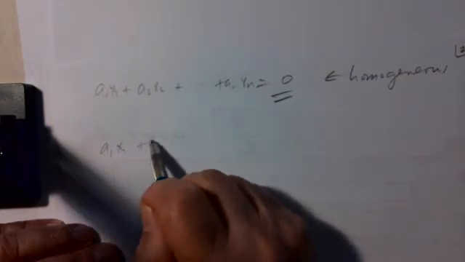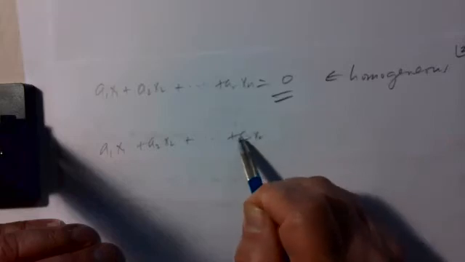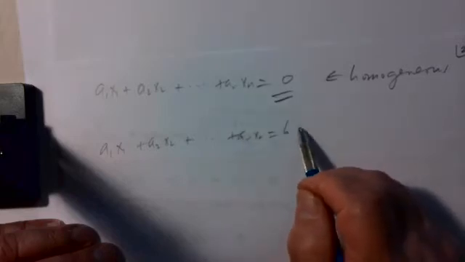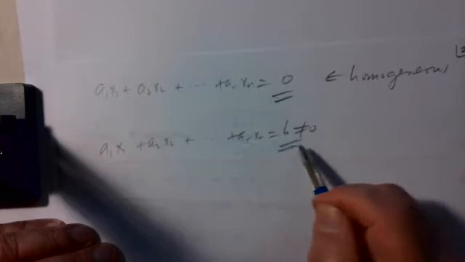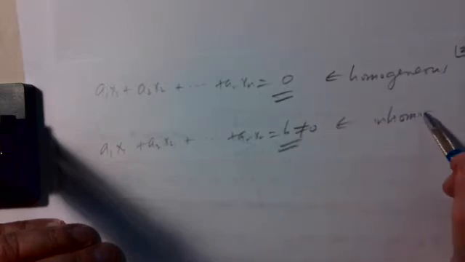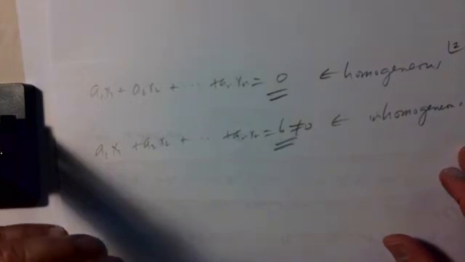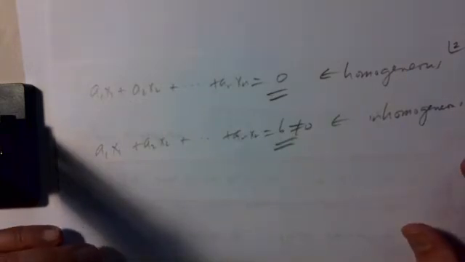And if it's a1x1 plus a2x2 up to an xn equals some number b, which is not 0, then this equation is called inhomogeneous. So in every subject, there is terminology you have to learn.